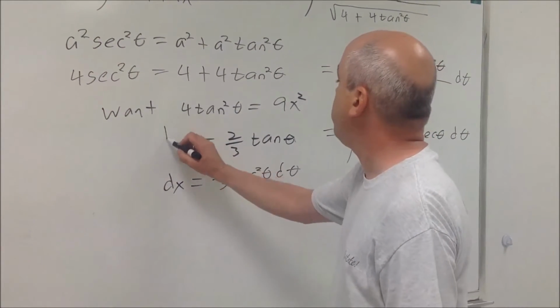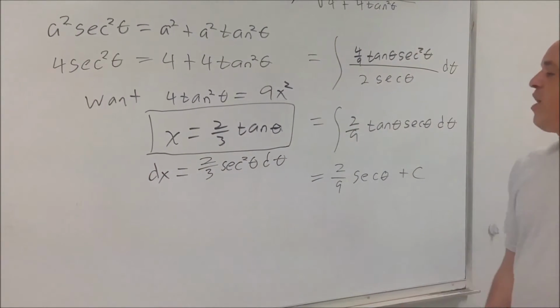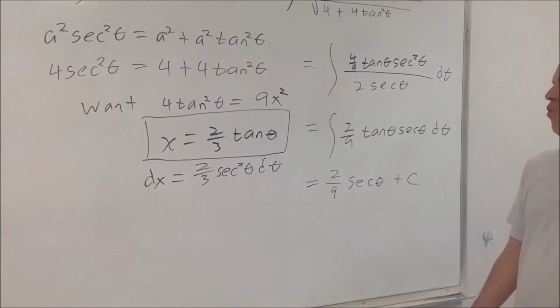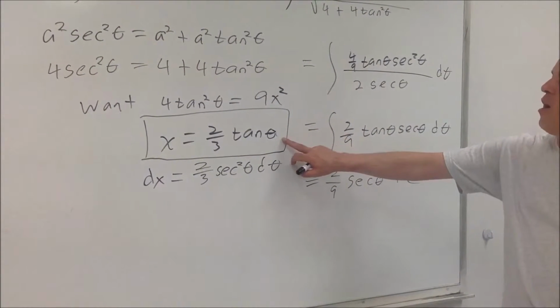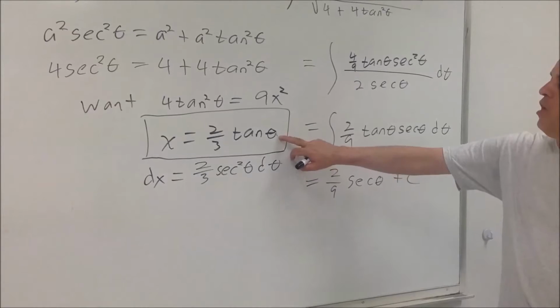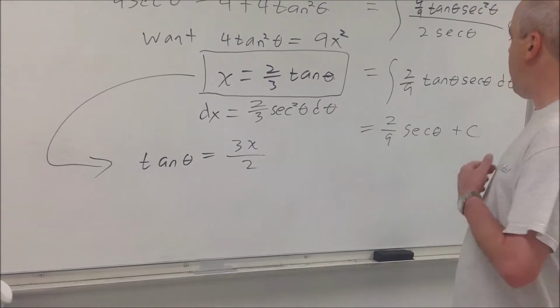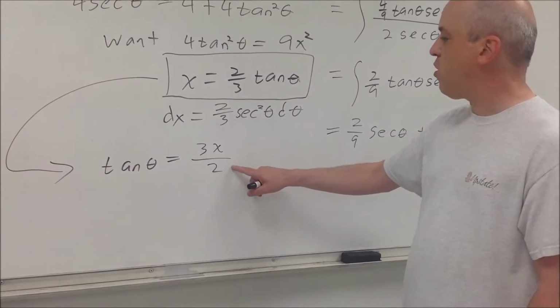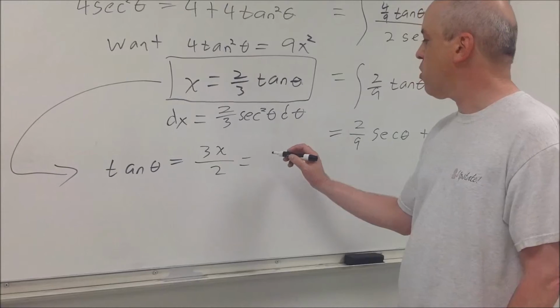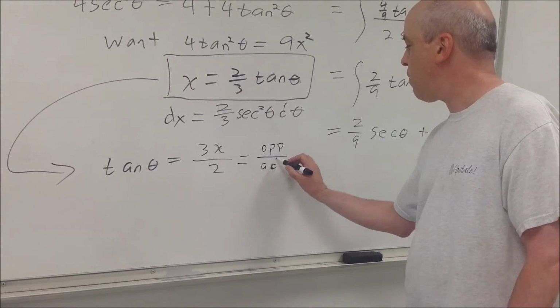To figure out how to get secant theta back in terms of x, if you refer to the actual substitution equation, x equals 2/3 tangent theta, one can turn this into a right triangle involving the angle theta. Solving for tangent of theta, you get 3x over 2. We're going to draw a right triangle for tangent, and recall that tangent is opposite over adjacent.